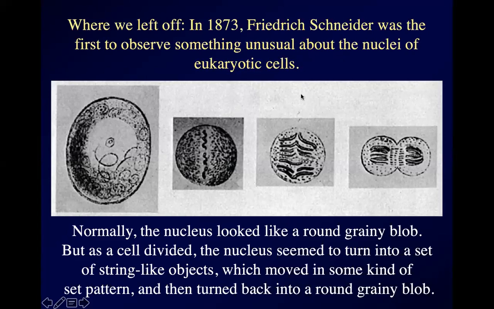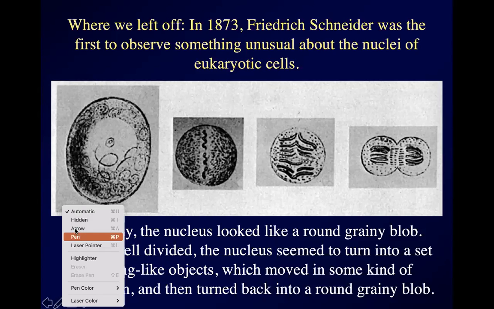Recall that normally when a cell is alive, but maybe not obviously doing anything, just sitting there doing its metabolism and kicking back, the nucleus just kind of looks like a round blob, maybe kind of grainy.